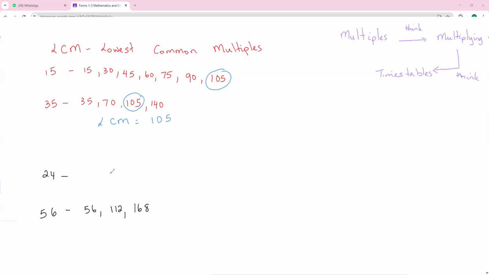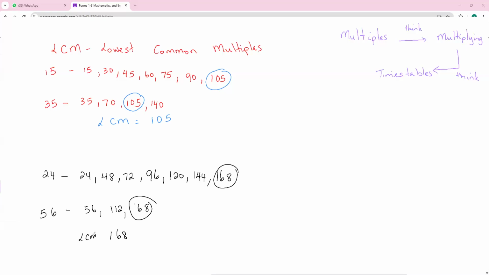Pause there for now, and then you go through 24 and see if you find any common multiple. So 24, add 24 is 48, add 24 is 72, add 24, that's 96, add 24, that's 120, and just keep going until we get one in common, and then 168. So the lowest in common would be 168.